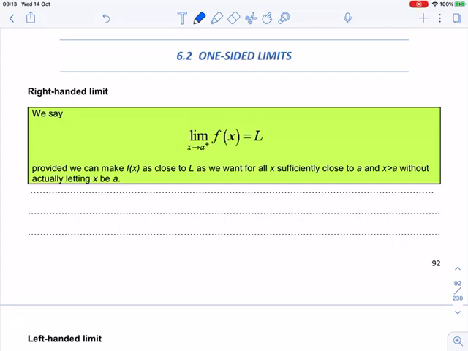This is MATD 1544. We're busy with limits, and we're going to look at the one-sided limits topic. So we already did discuss more or less what we mean by limits and how it came to pass.